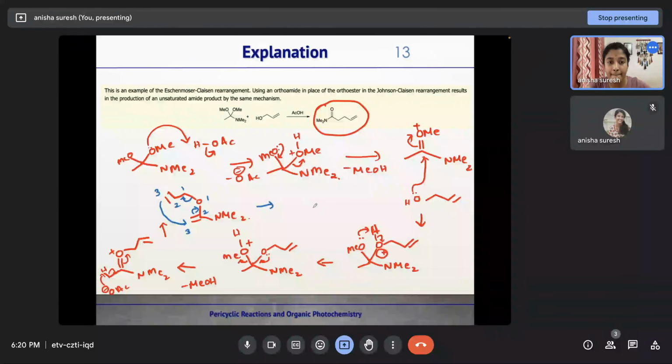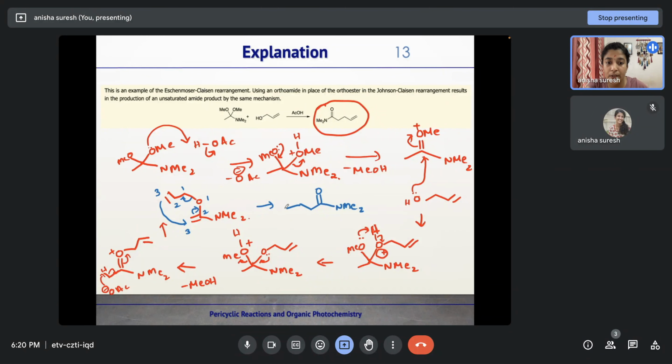Means NMe2 double bond O. So here CH2, one more CH2, one CH2, one more CH2, one, two, three, four.